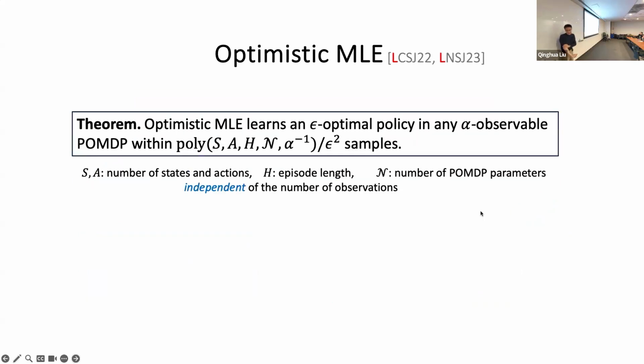And we can prove that if you apply this algorithm to any POMDP that satisfies this alpha observable condition, then you are guaranteed to learn a near optimal policy with a number of samples polynomial in the number of states, actions, the episode length, the number of parameters, and this alpha observable parameter, alpha.